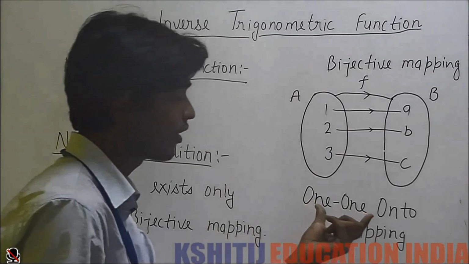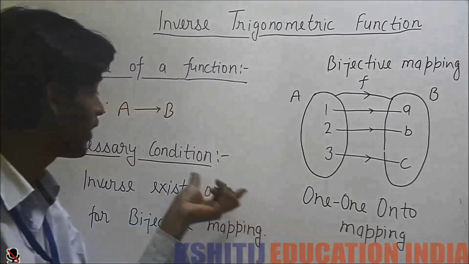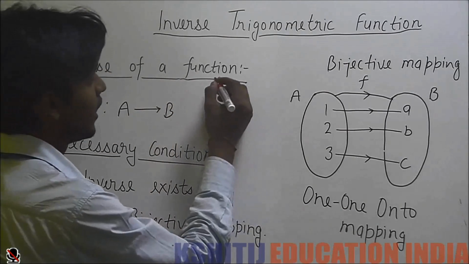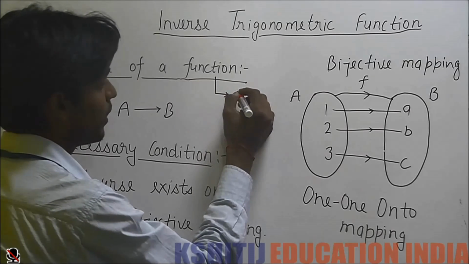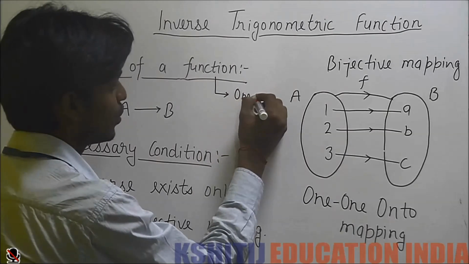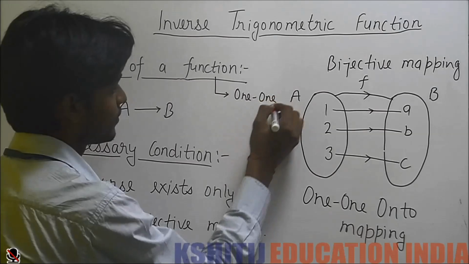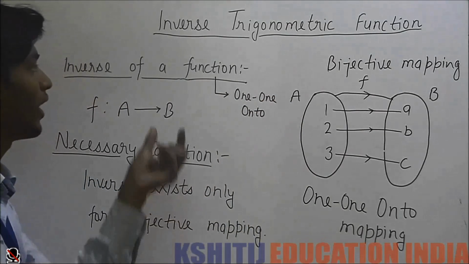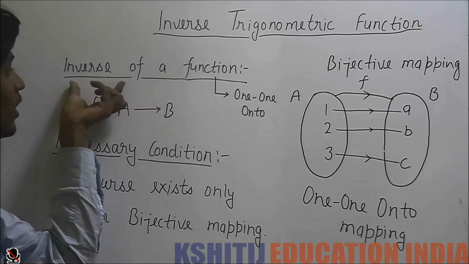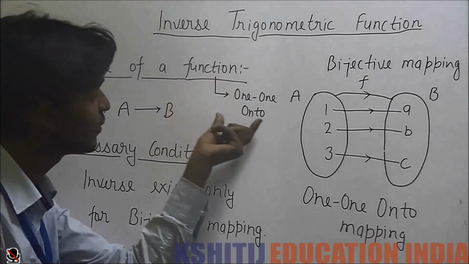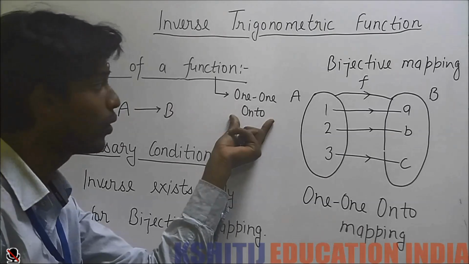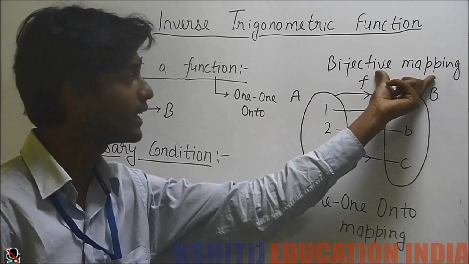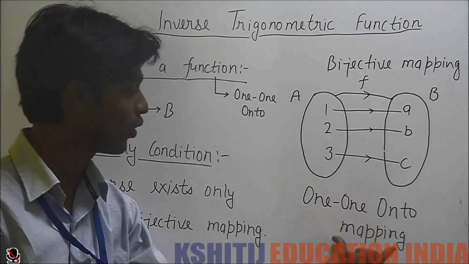If we have a 1-1 onto function, then we can directly find the inverse of that function. If we are interested in finding the inverse of any function, then the function must be a 1-1 onto function. That's why we are discussing the bijective mapping, or 1-1 onto mapping.